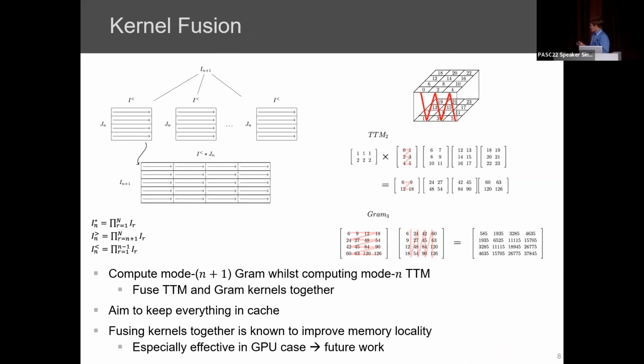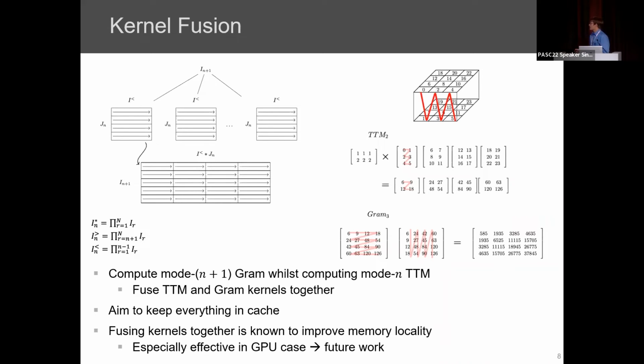After this, we're quickly going to look at the gram matrix along the third mode of the result from this TTM. The first thing we're going to note is that the first row of the matrixized tensor is just one of these entire submatrices, but as a row vector.